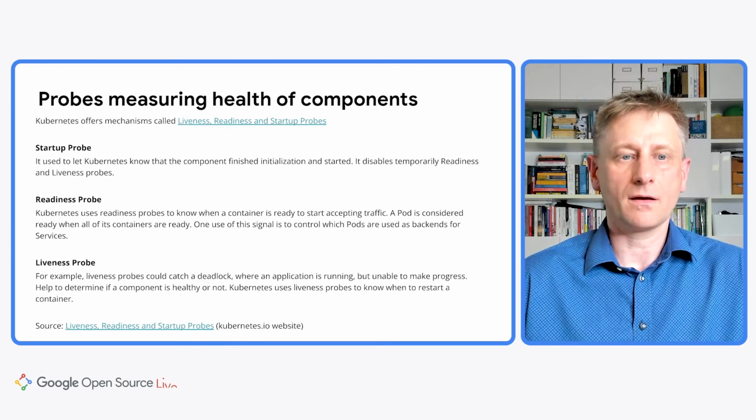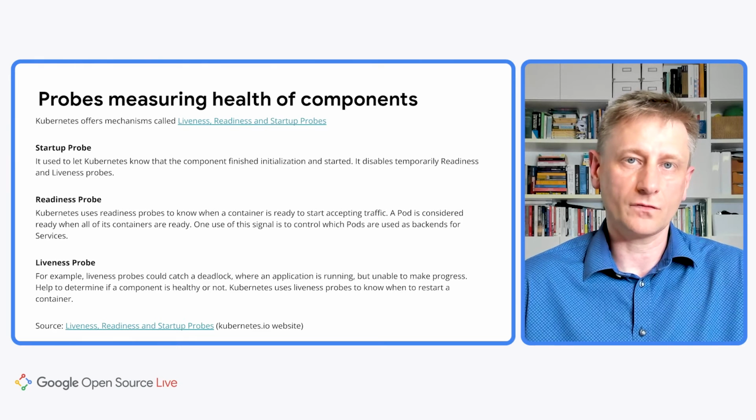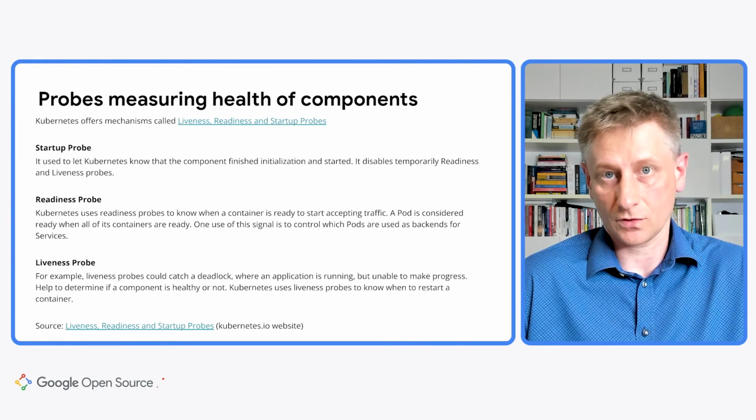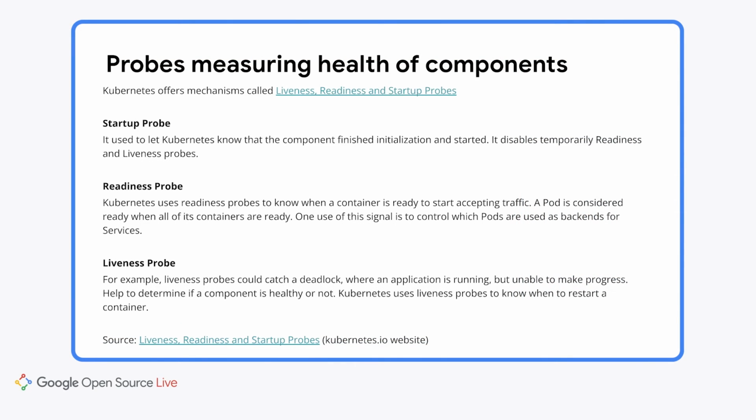Another interesting feature of Kubernetes are probes, and this is the way, or means, for Composer to discover if the components of your system running on Kubernetes are healthy. So there is the so-called startup probe, and this probe tells Kubernetes whether your component, for example, once it was restarted, already finished initialization.